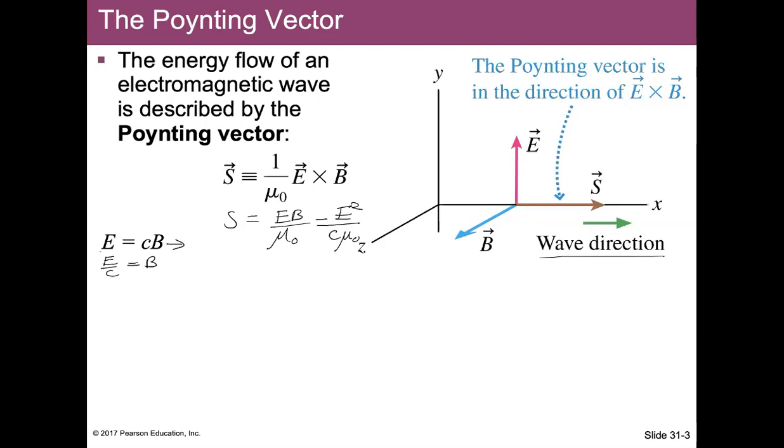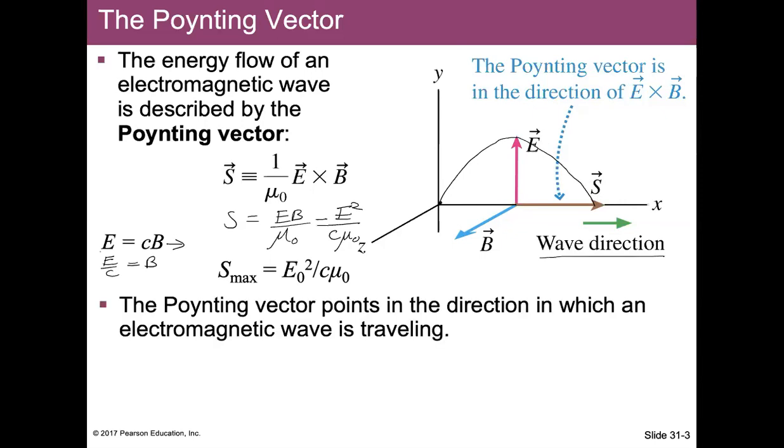And since E varies, as we saw, from 0 up to E naught and back down to 0, the max E can be is E naught. So that means that S max will be E naught squared over c mu naught. So S will also vary from 0 to E naught squared over c mu naught.